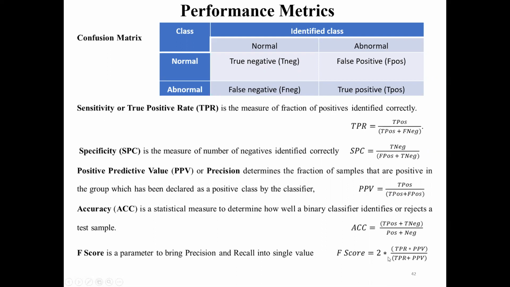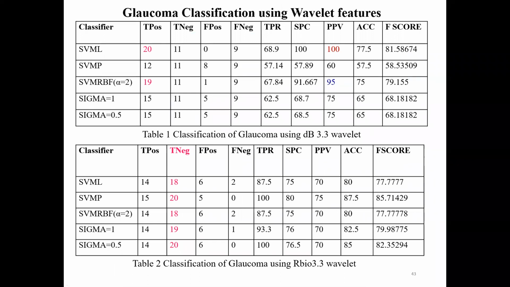The F score is 2 multiplied by the product of TPR and PPV, where TPR is the true positive rate and PPV is the positive predictive value as mentioned here, divided by true positive rate plus positive predictive value. So for the F score, the numerator is a multiplication and the denominator is an addition.